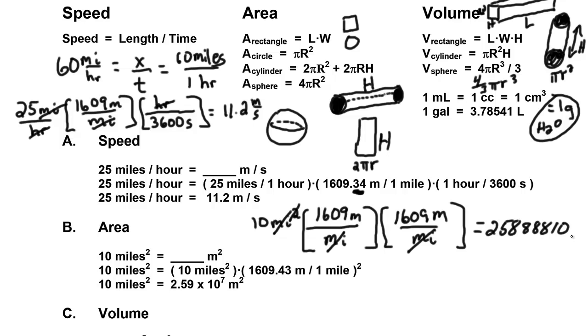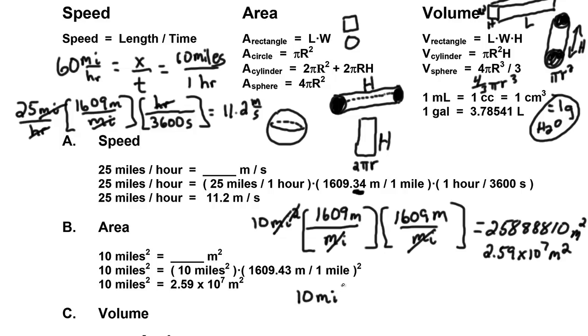So this is the number that it gives us, and the unit would be meters square. So we have 1, 2, 3, 4, 5, 6, 7 digits, so basically 2.59 times 10 to the 7th with units of meters square. And so notice our result's the same.